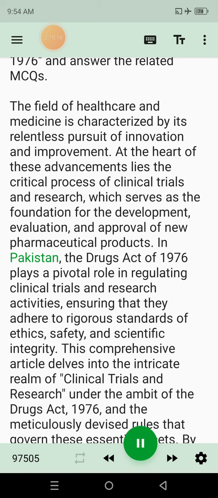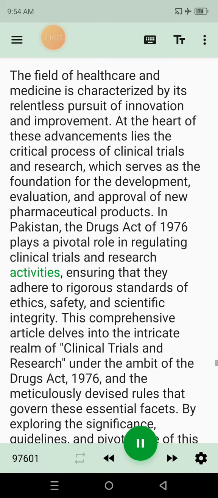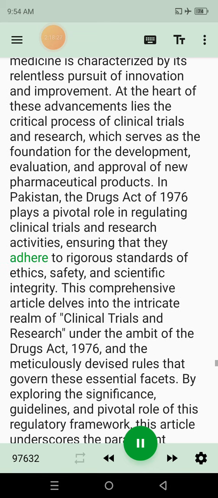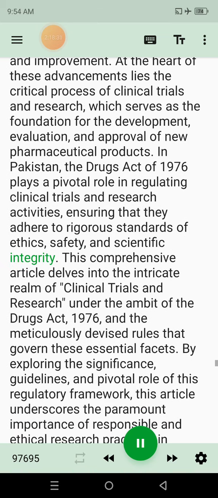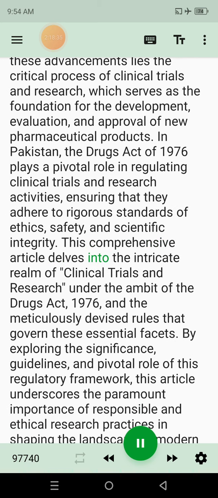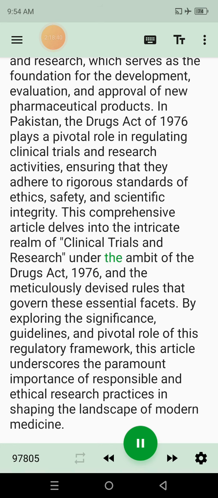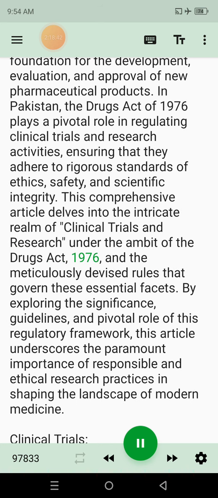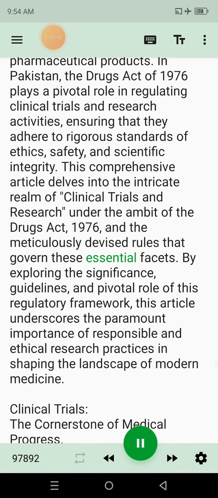In Pakistan, the Drugs Act of 1976 plays a pivotal role in regulating clinical trials and research activities, ensuring that they adhere to rigorous standards of ethics, safety, and scientific integrity. This comprehensive article delves into the intricate realm of clinical trials and research, under the ambit of the Drugs Act, 1976, and the meticulously devised rules that govern these essential facets.